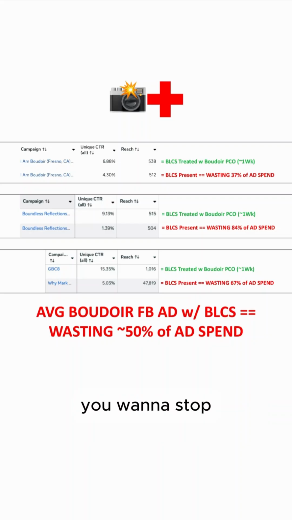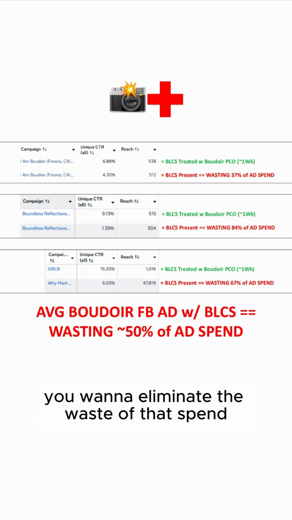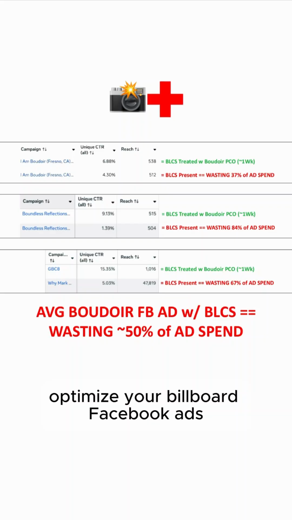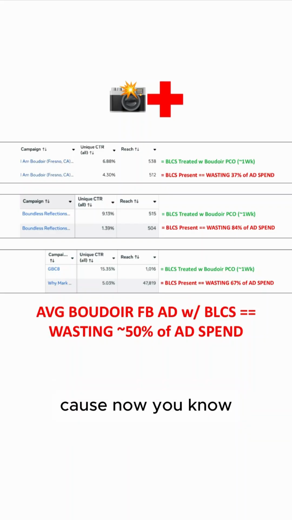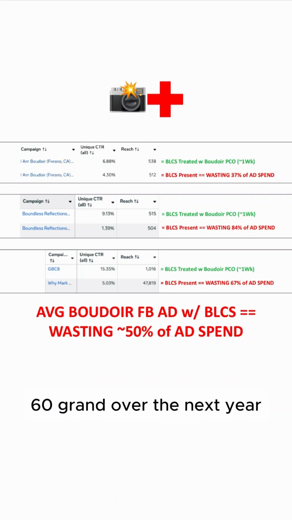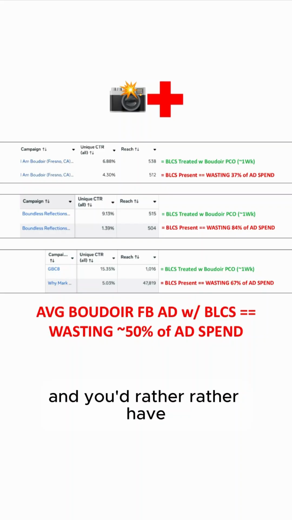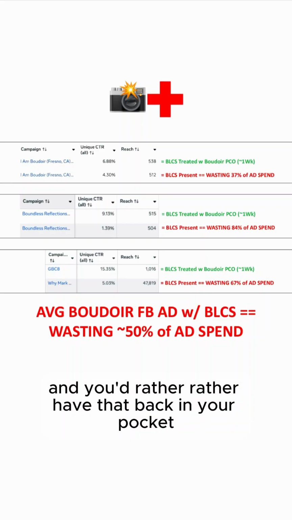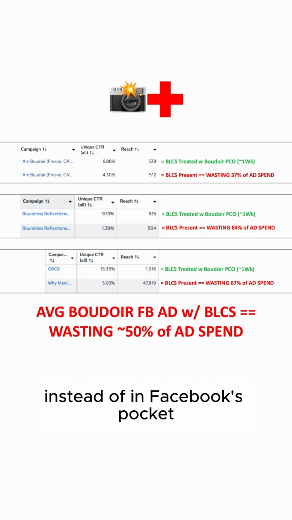You want to eliminate the wasted ad spend and optimize your Boudoir Facebook ads, because now you know, man, you're probably on average wasting 5K a month here, 60 grand over the next year, and you'd rather have that back in your pocket instead of in Facebook's pocket.